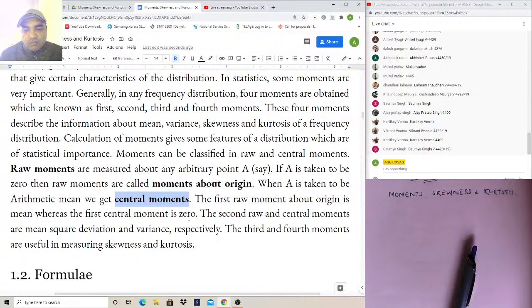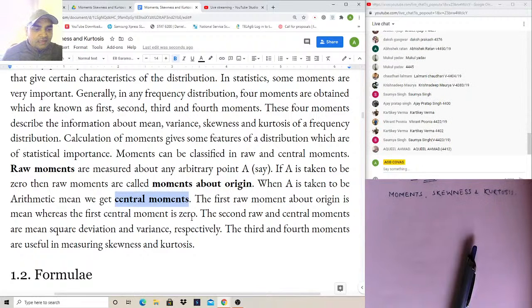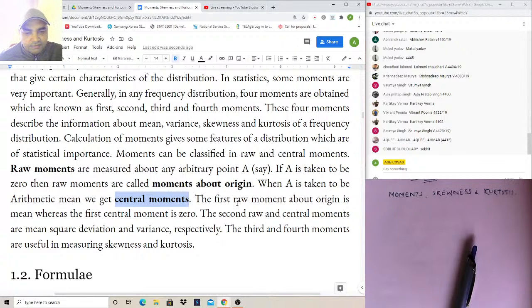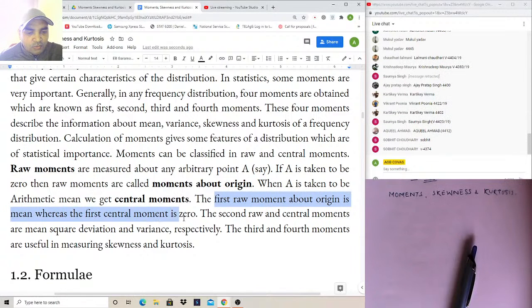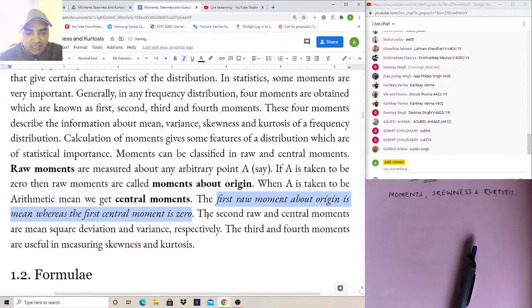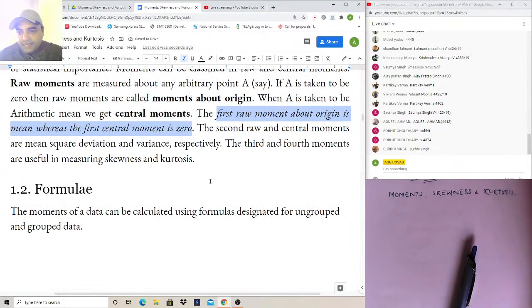The first raw moment about the origin is the mean, whereas the first central moment is zero. We will see how these definitions are calculated mathematically.